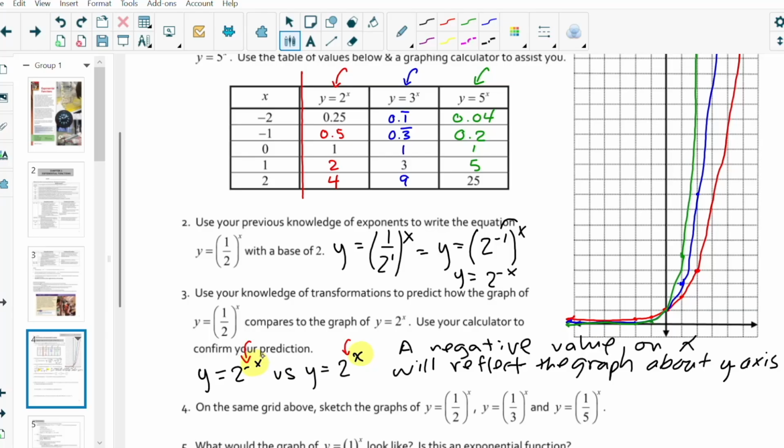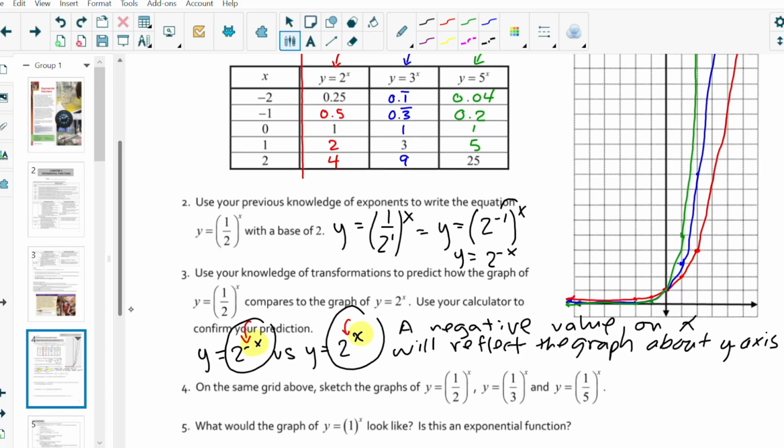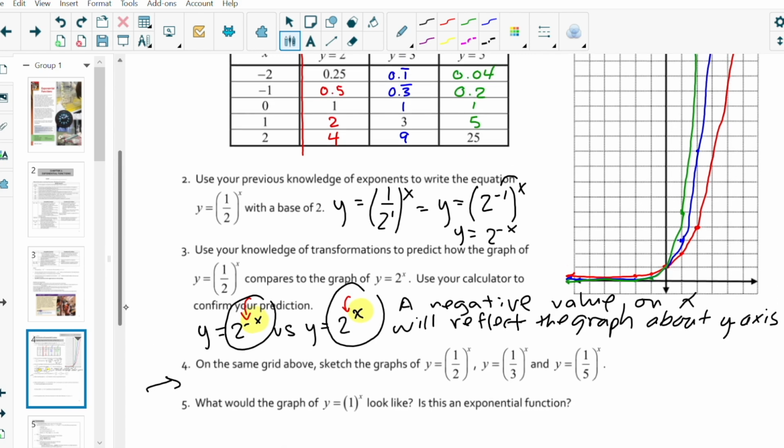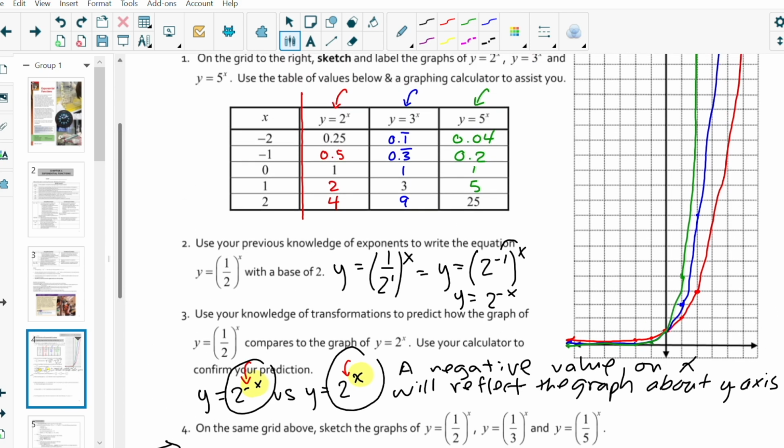And that's what we should expect based on our discussion of what we see here. Okay? So on the same grid above, sketch the graphs of y equals (1/2)^x, y equals (1/3)^x, and y equals (1/5)^x. We should expect them to be reflections of one another.